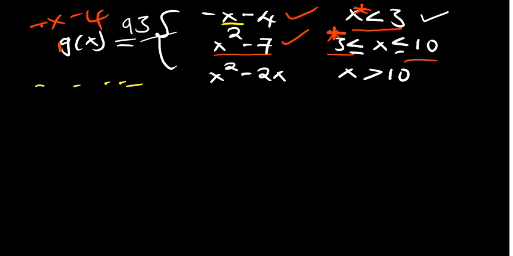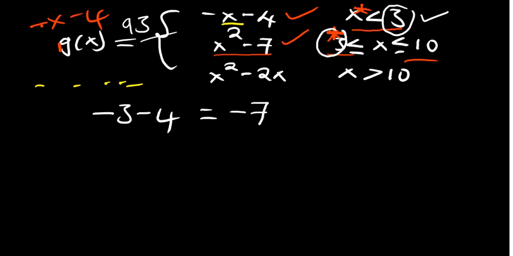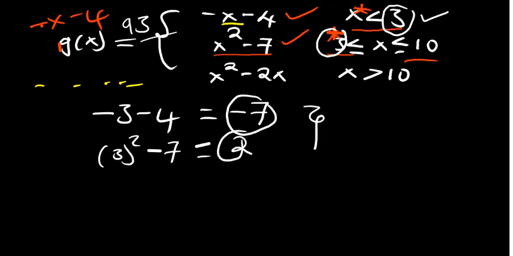The endpoint is 3. So I'll plug in 3 in the two functions. For the first one, it's going to be negative 3 minus 4, giving us negative 7. Then for the second one, it's going to be 3 squared minus 7. So 3 squared is 9 minus 7 is a 2. So whenever the values at the endpoints are different, it's discontinuous at that point.